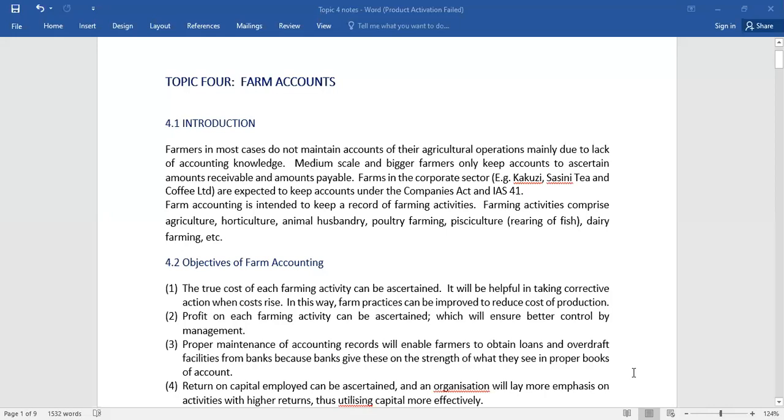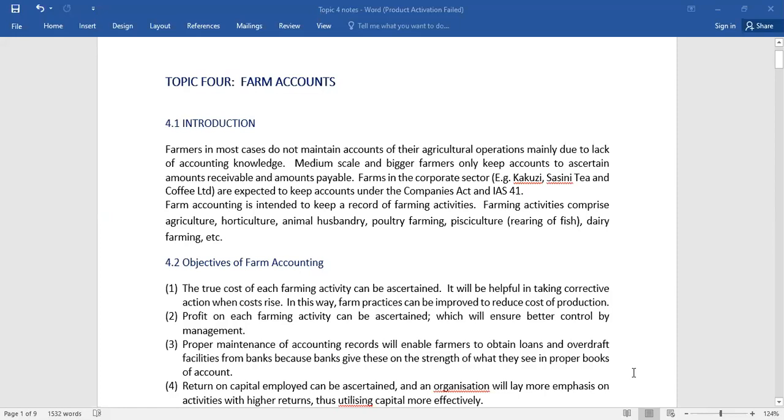For example, if you go to Embu, someone will buy a cow, not necessarily for milk, but purposely to do the farming. I want you to understand me correctly. If the cow is used for farming the crops, it is a fixed asset. If the cow is used for producing milk, it is an inventory.